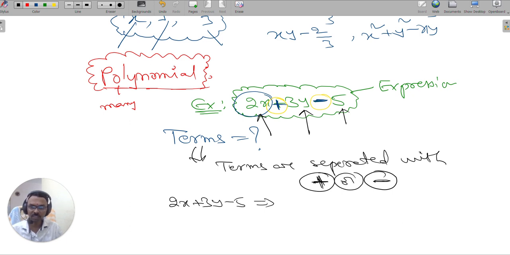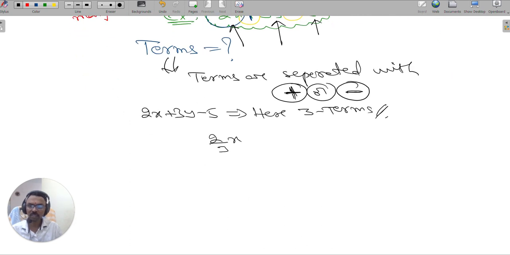How many terms are there? Here 3 terms are there. Now, if you take some example, 2 by 3 x minus 5y by 7.